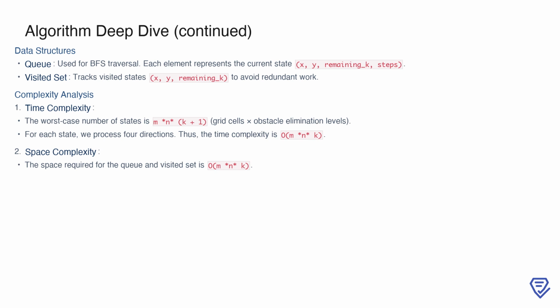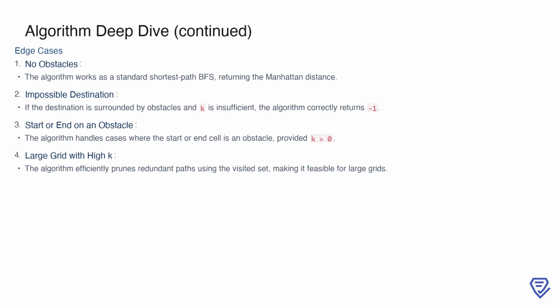The space complexity is also O(m*n*k), due to the storage requirements of both the queue and the visited set. This complexity makes the algorithm efficient for reasonable grid sizes and obstacle elimination values, as it systematically explores the search space without unnecessary redundancy.